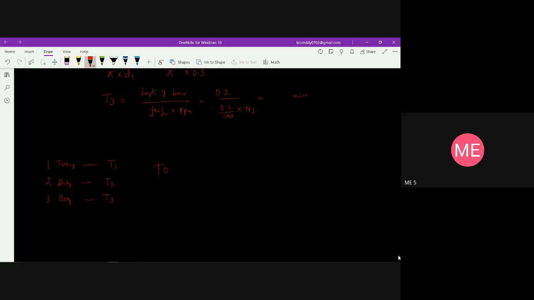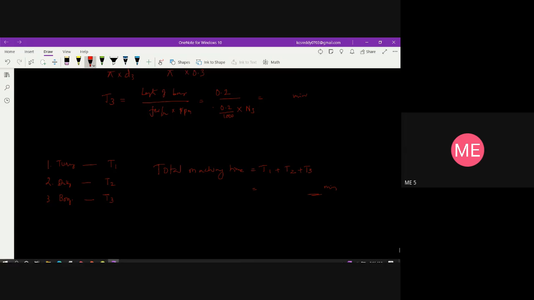Now I can calculate the total machining time. Total machining time is equal to T1 plus T2 plus T3, so put together, I will get it in terms of minutes. So this is the estimation of time.